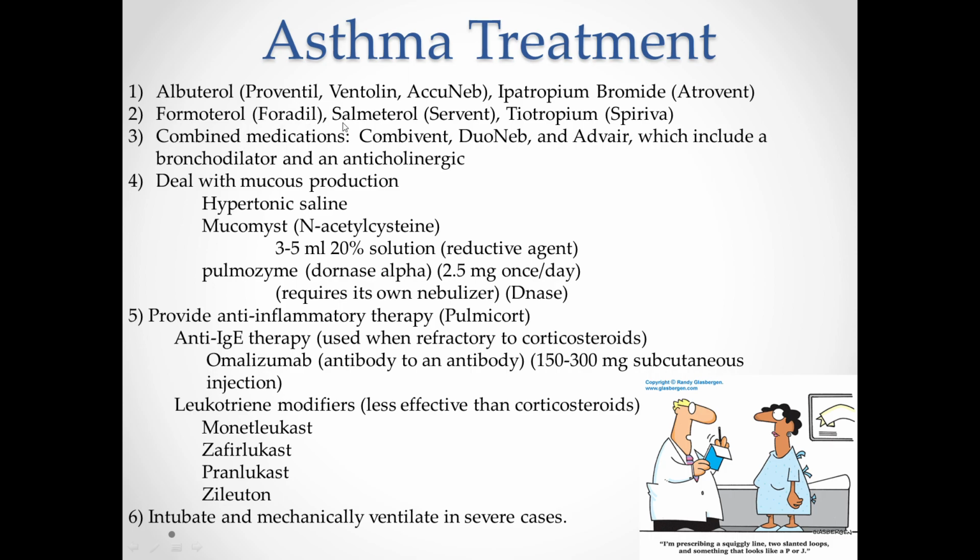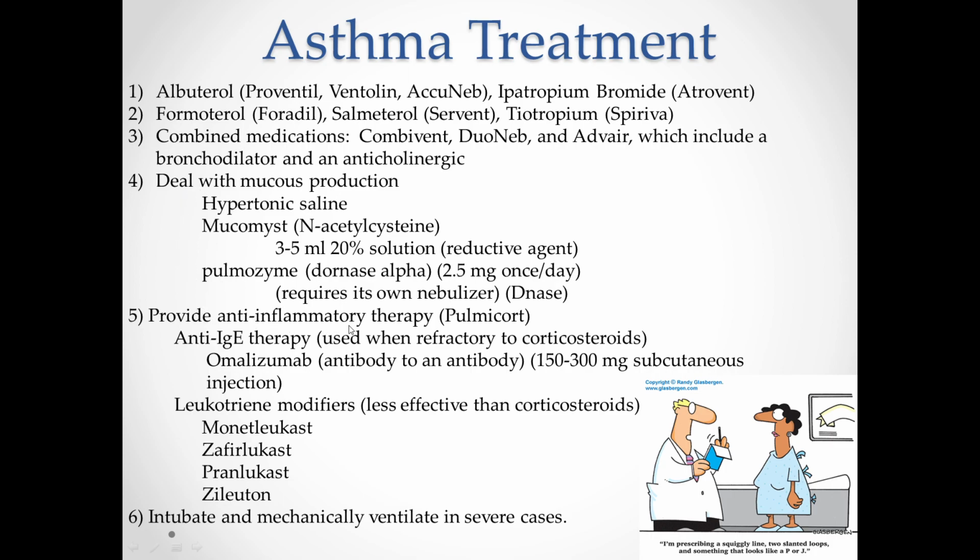There are some other forms of beta-2 agonists, and combination medications that include a bronchodilator and an anticholinergic. To deal with mucus production, we typically don't give mucolytics or hypertonic saline to people that have bronchoconstriction, because it's probably not a good idea to give things that cause bronchoconstriction to somebody that's experiencing bronchoconstriction. So we typically refrain from using these.